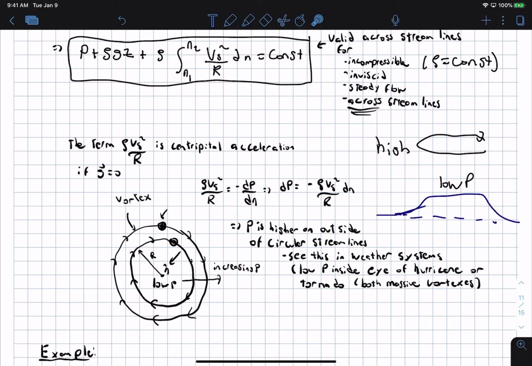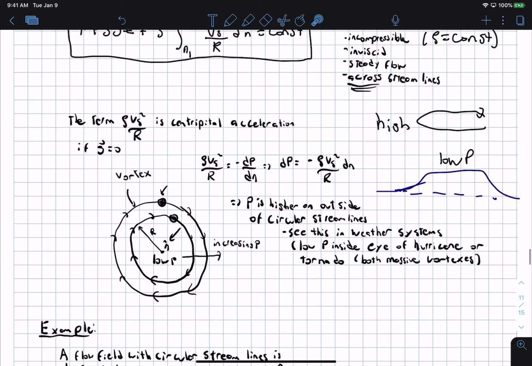Okay, and so these vortexes and this centripetal acceleration term can cause a lot of large-scale phenomena that we have to deal with here in Florida, or growing up in North Dakota to deal with tornadoes.